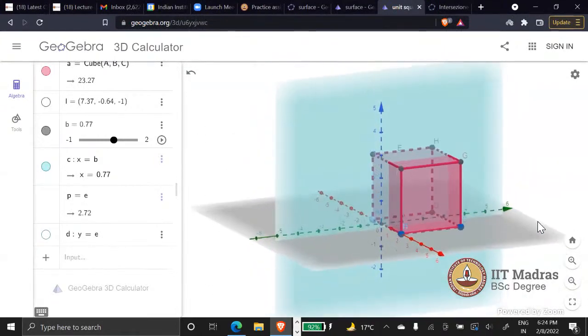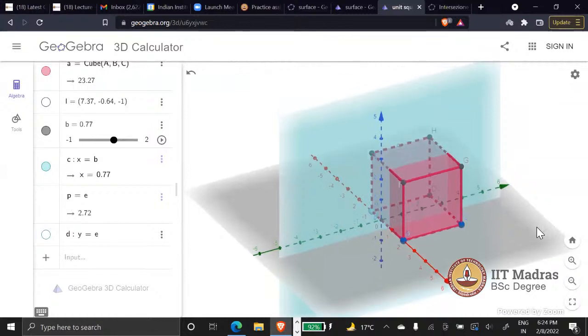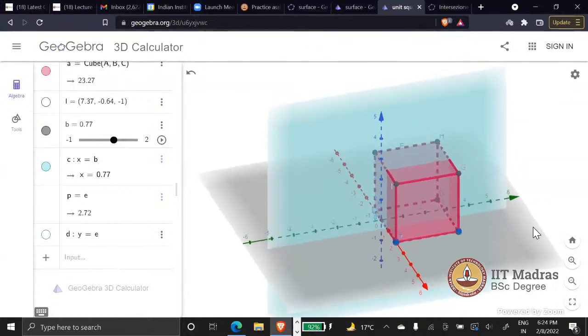I think it is not the projection on the XY plane, but the projection on the YZ plane. That is what I understood. Because you are saying the area, if you are slicing at x, the red line is the x-axis, right?